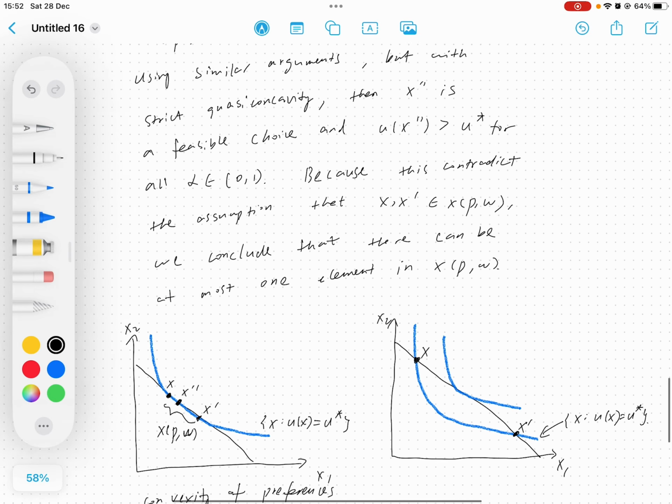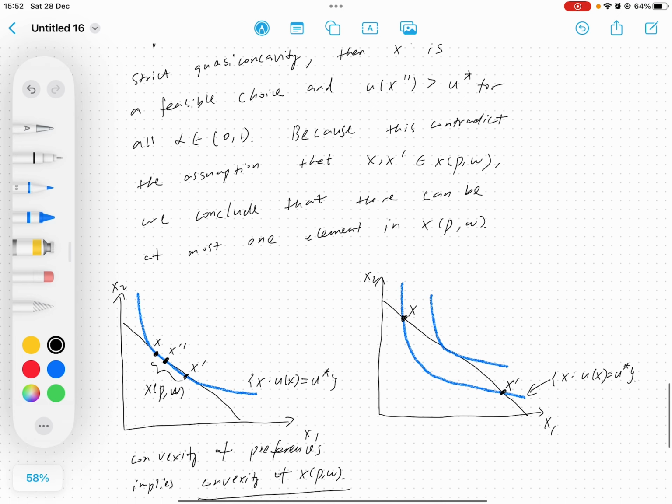Suppose we have two points, x and x prime, as the solution. Then some convex combination is somewhere here, x double prime, which is strictly better than that, but it is also feasible.